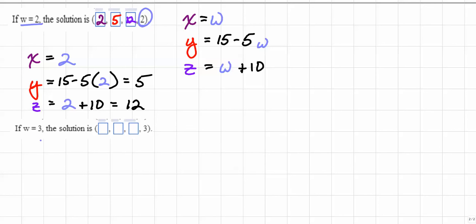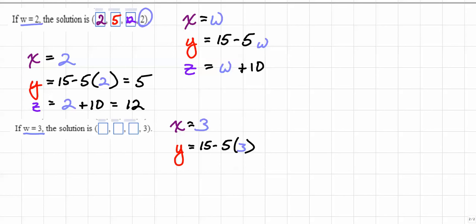So now we ask the question, if W equals 3, the solution would be, once again, X is equal to W, so that will be equal to 3. And Y will be equal to 15 minus 5 times W, which in this case would happen to be 3.